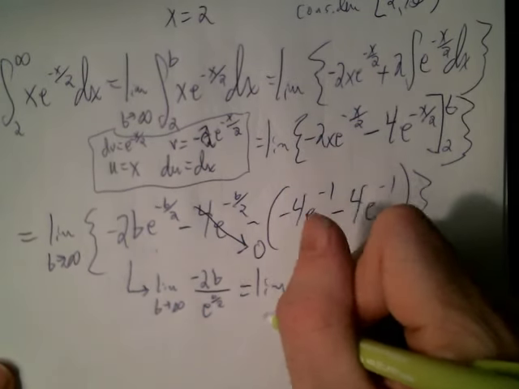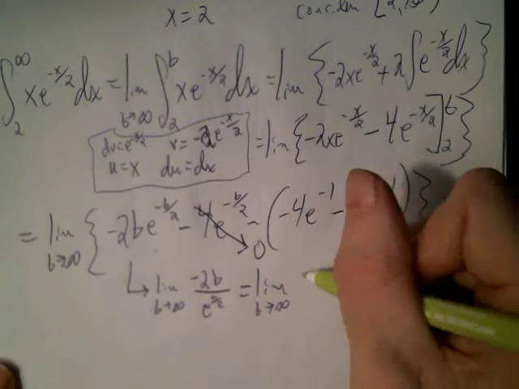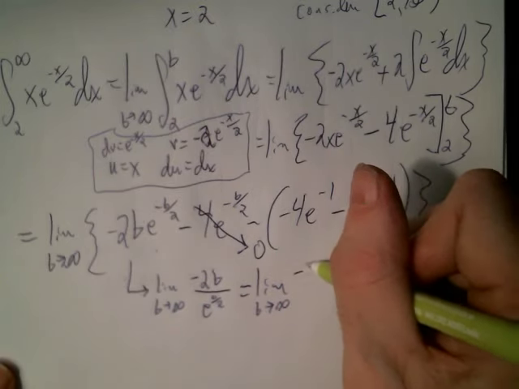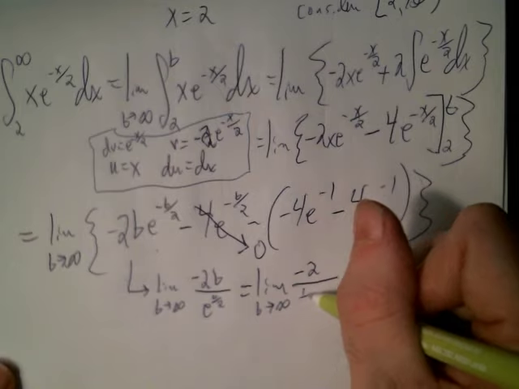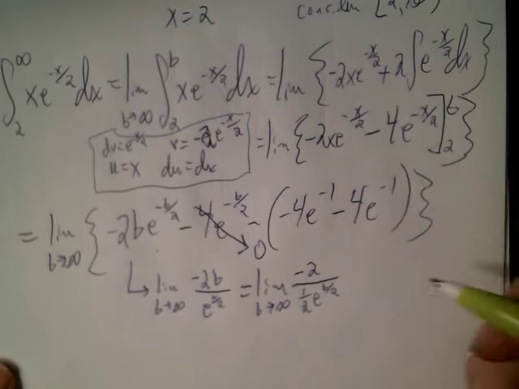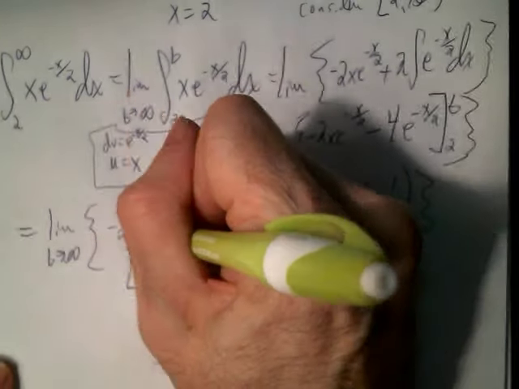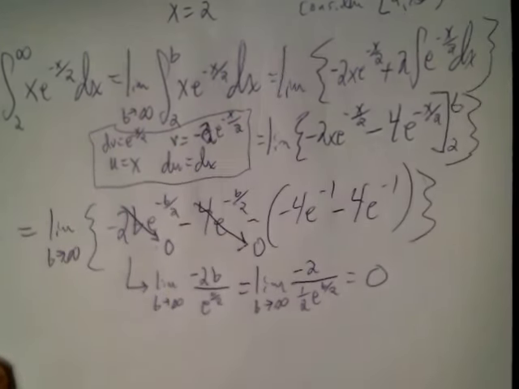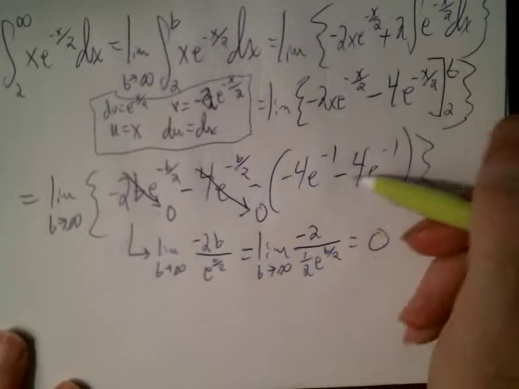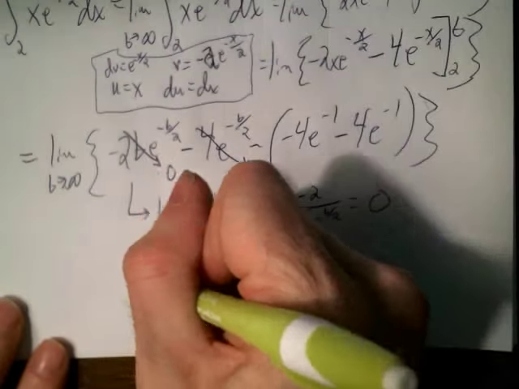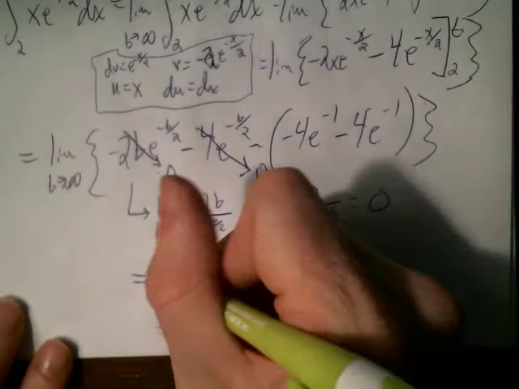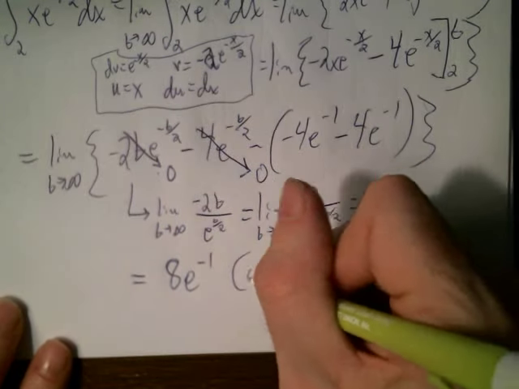And so doing L'Hopital's, you'll get negative 2 all over 1/2 e to the b over 2. And then clearly that goes to 0 as well. Okay, so we're left with this constant. In other words, it's going to be convergent to 8e to the negative 1.